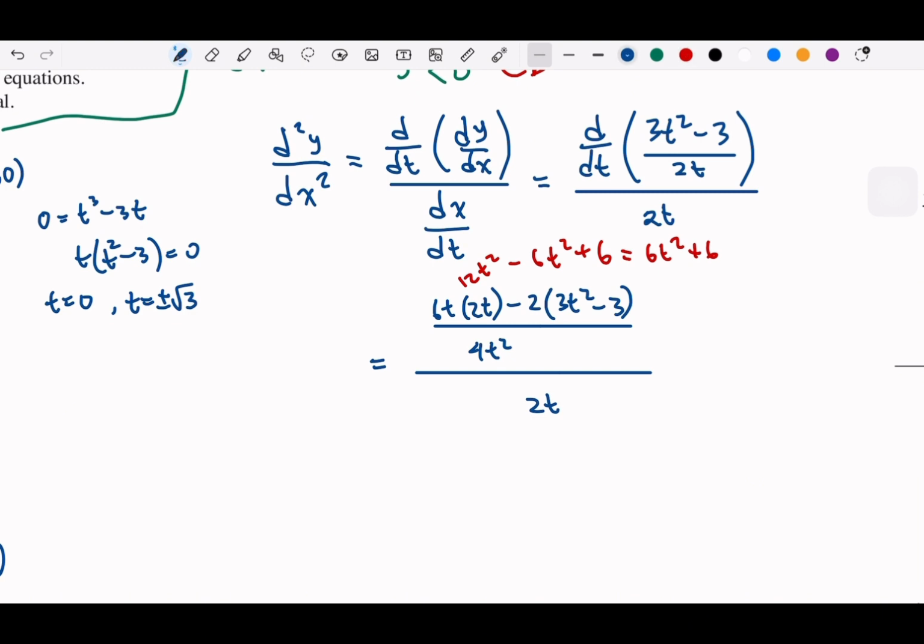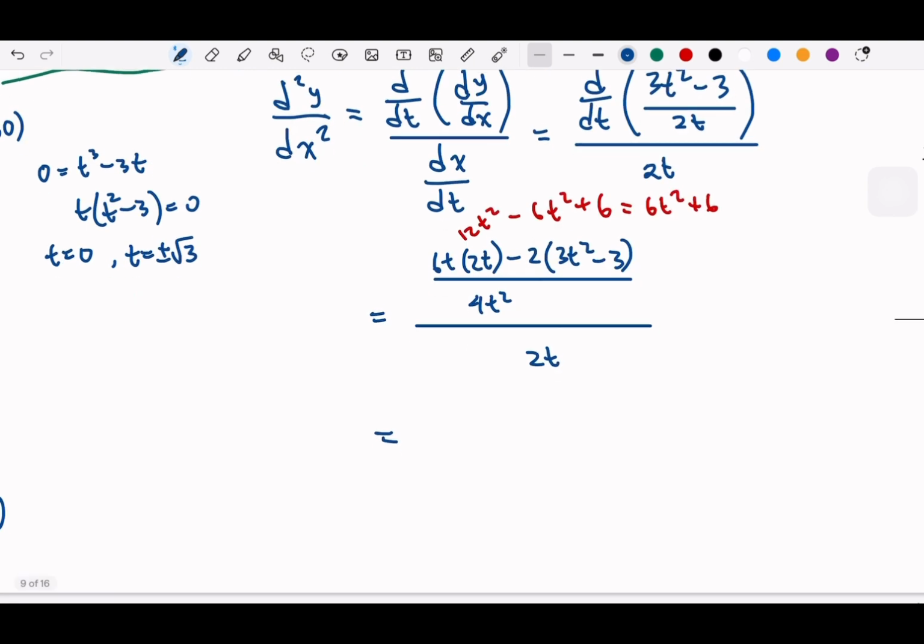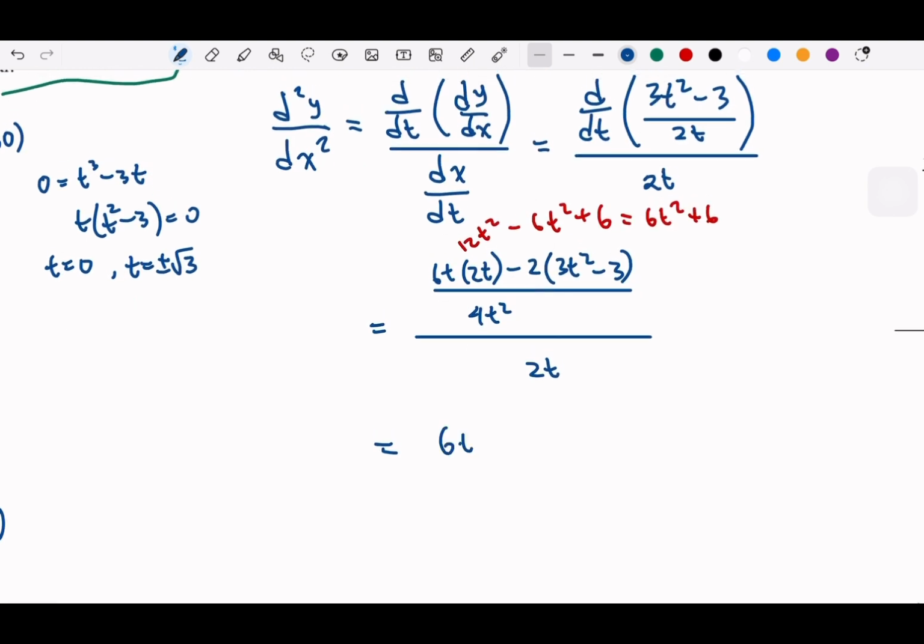So then this will be 6t squared plus 6 over 4t squared, but I would like to multiply with the half t, or let me just write this over 2t, and then I will cancel this out.